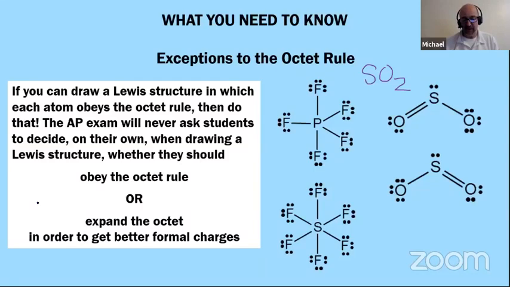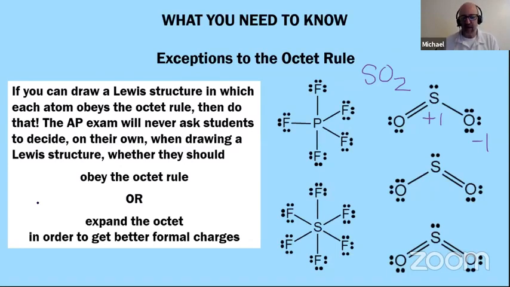You might also think, formal charge. What about this sulfur in the middle? This would be 6 minus 5, that's +1. This would be 6 minus 7, -1. So maybe I should draw a structure like this. So my advice to you is, don't worry on the AP exam about always trying to get better formal charges.